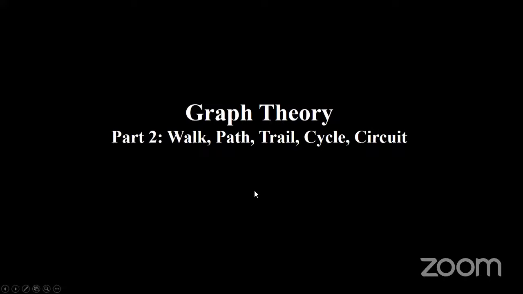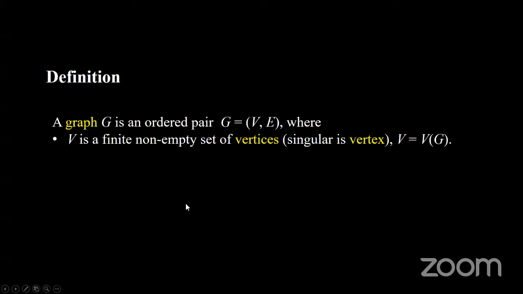Okay, so these are the fundamental or basic concepts, the basic terminology of graphs. A graph is a pair V and E, where V is a non-empty set of vertices.